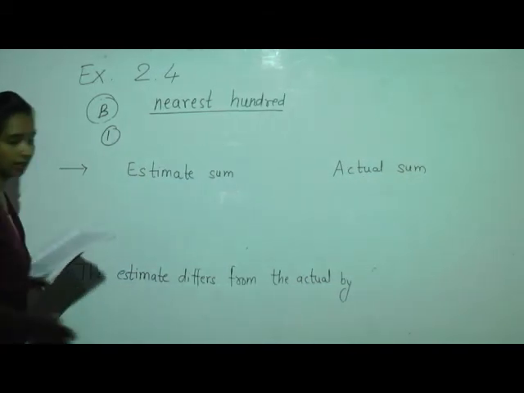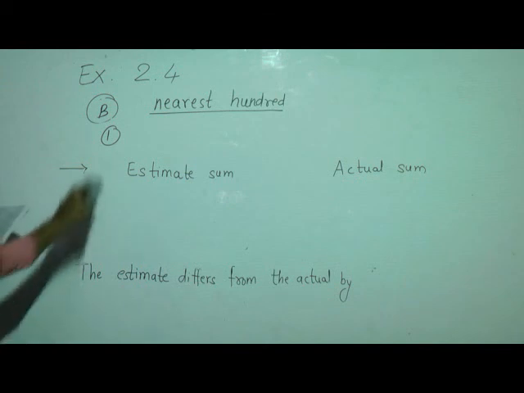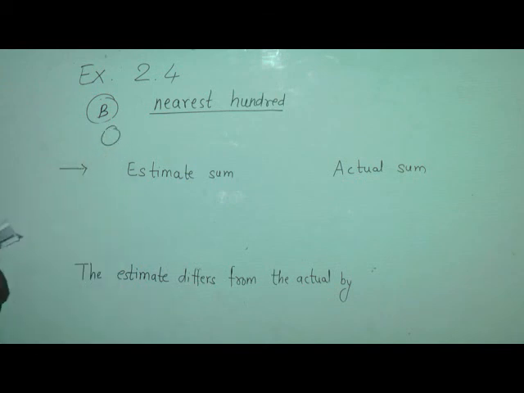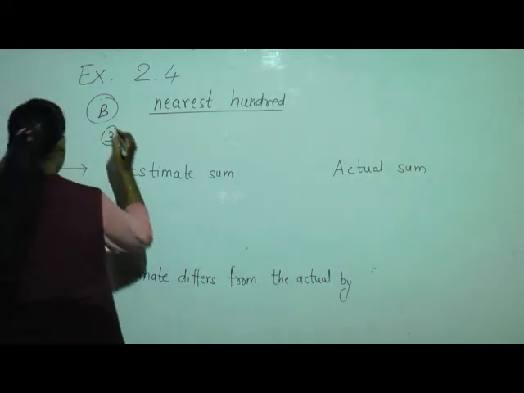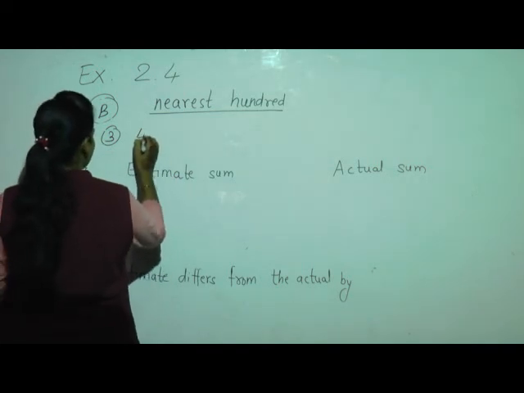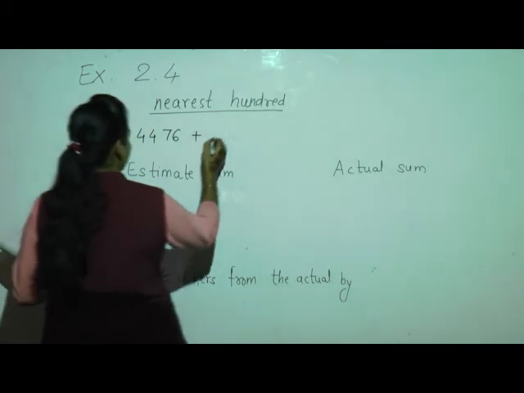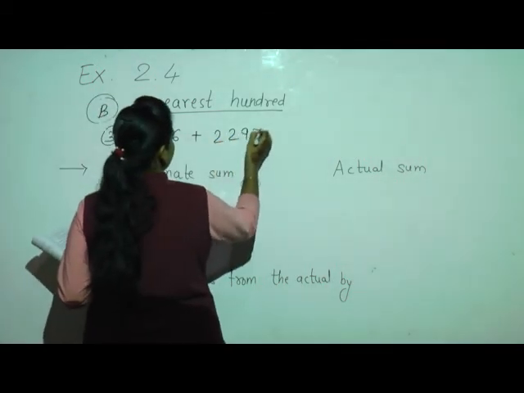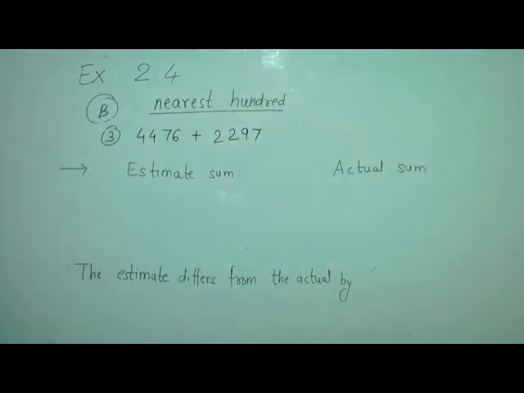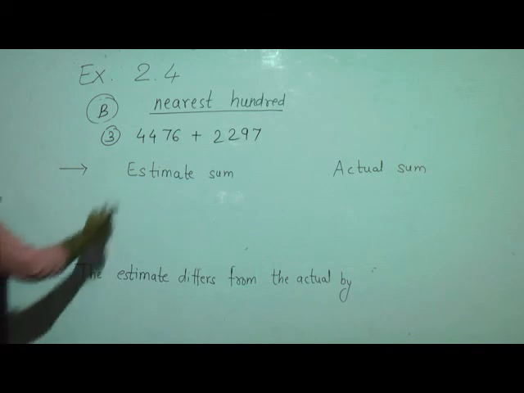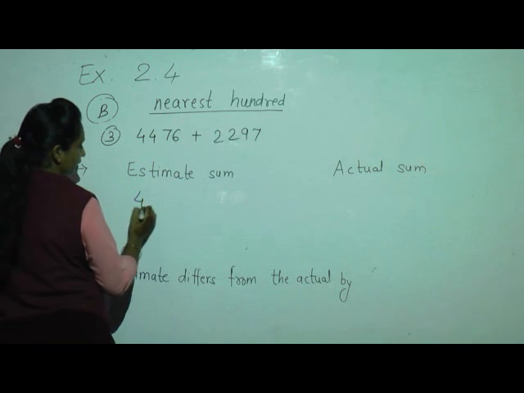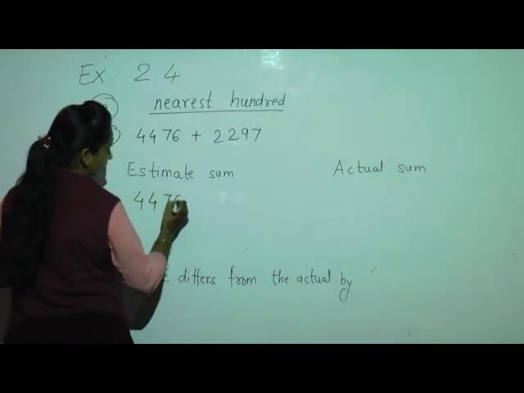Now I will take the third sum for you. What is the third one? 4476 plus 2297. Okay. Now I'll write first this number here, 4476.